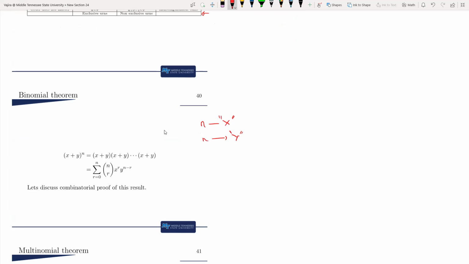If you want to know the coefficient of x to the power r, then you know there are n x's to choose from, and from there you can choose r. Then the y is going to be fixed because it's already decided. Once you choose the x power, the y power is already decided. That's the basic idea in the binomial theorem.